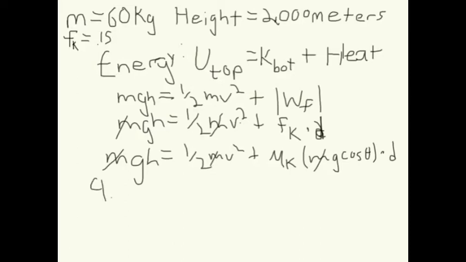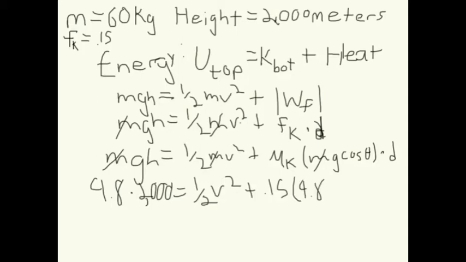So 9.8 times the height, 2,000, equals 1/2 his velocity squared, which we do not know, plus 0.15 times 9.8 again, and that reminds me, the angle that the mountain's at.